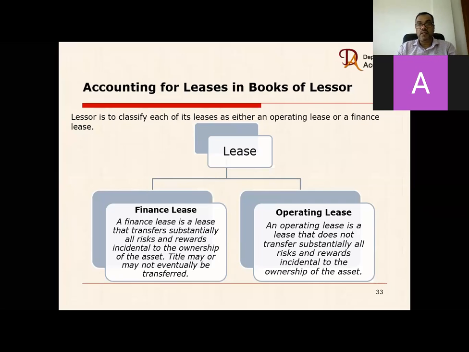Now I will look at the books of lessor, one who really gives the asset for hiring. So one who passes the asset to lessee in the hire, that is lease agreement, lessor.